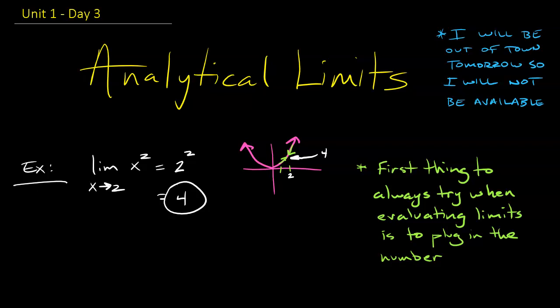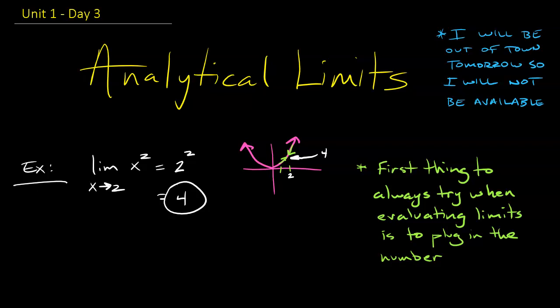If you can plug in an x value and get an answer, then that means the function was continuous and the function value is the same as the limit. So this part might take you a while to get. On a continuous function, a limit value, so a limit means coming from the left and from the right.